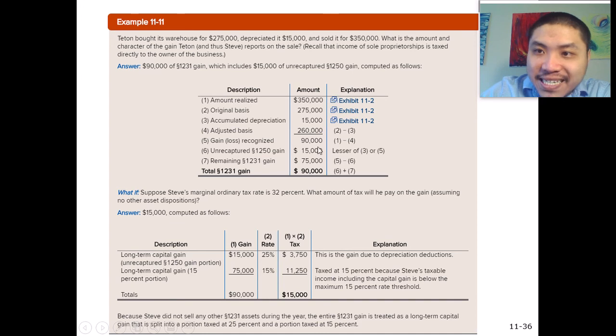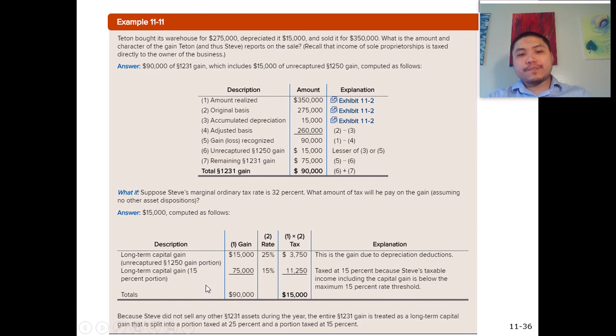Out of this $90,000 gain, $15,000, which is generated from the accumulated depreciation, is going to be treated as unrecaptured Section 1250 gain, and this is going to be taxed at a maximum of 25% tax rate. And the remaining $75,000 is going to be treated as Section 1231 gain, which is going to be taxed at a preferential rate.